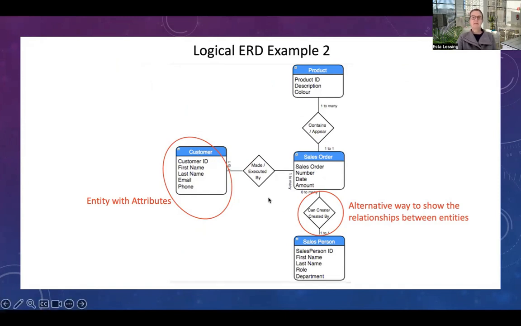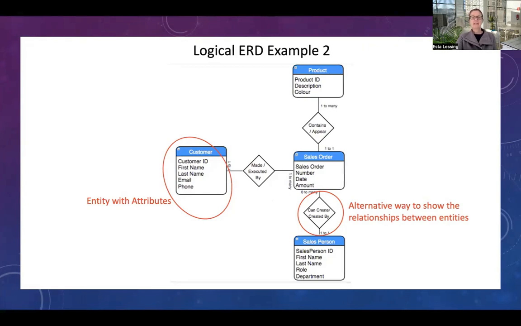However, in this diagram, we are showing some attributes as well. And this is what I would recommend that you always try and do, because ultimately, you want to be able to show what are all the different attributes associated with the entity. This will help conversations with your stakeholders, and it will also help you to define cardinality.